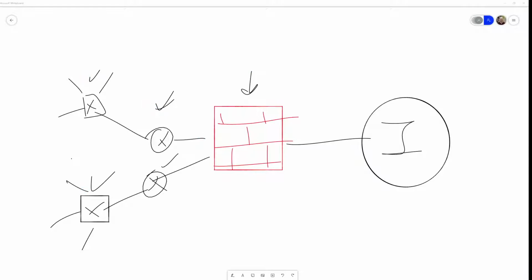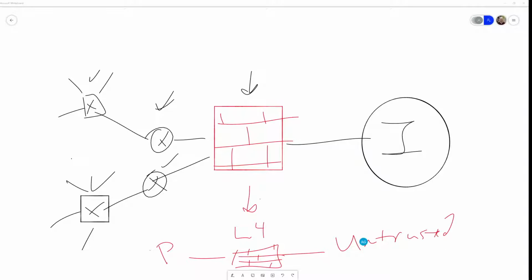The firewall, if we're drawing a layer 4 security enclave or a security zone picture, as I mentioned previously, if I drew it down here at layer 4 and above, you'd have the picture of the firewall, and you have a protected enclave and an unprotected enclave, or an untrusted interface and a trusted interface.